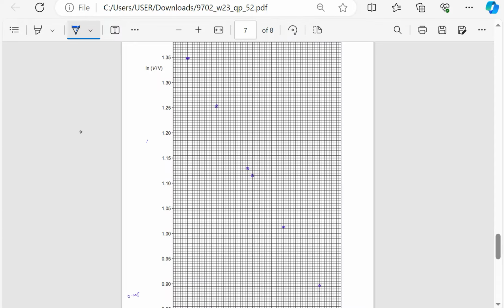So let me try to draw the line of best fit and see if it is possible. Remember, I'm drawing on a computer. You should be able to draw a better line than mine. This is not good enough.